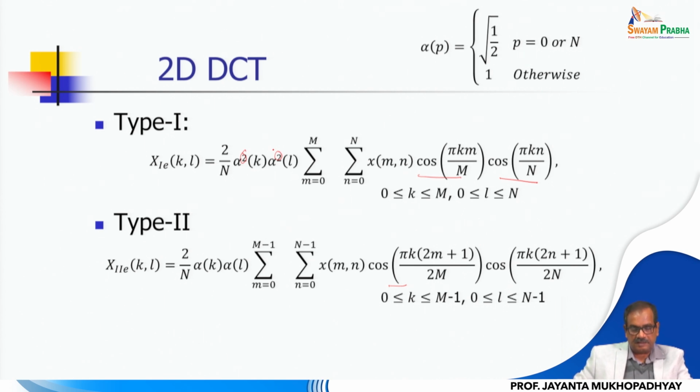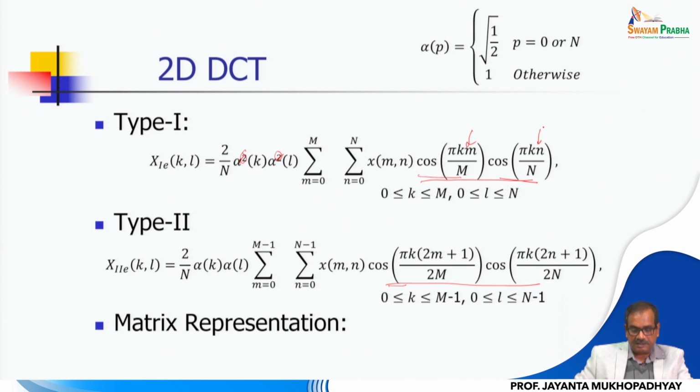Need to check that, so this square should not be there, because it's the product of these two functions, right? As you can see, these basis functions are simply the product of two one-dimensional basis functions. Their variables are different because they are separable functions.